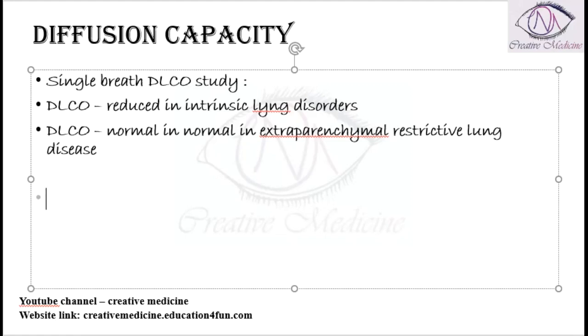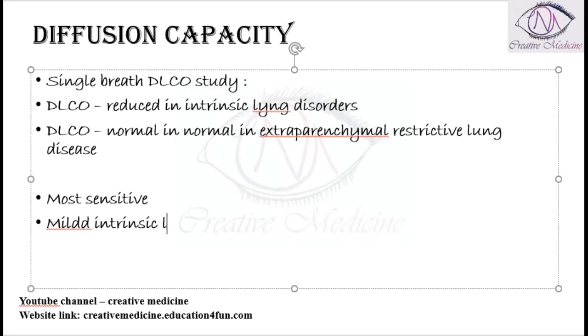Diffusion lung capacity for carbon monoxide is the most sensitive parameter, and findings may be abnormal even when the lung volumes are preserved. That is, you can see abnormality in the diffusion lung capacity even in mild intrinsic lung disease.